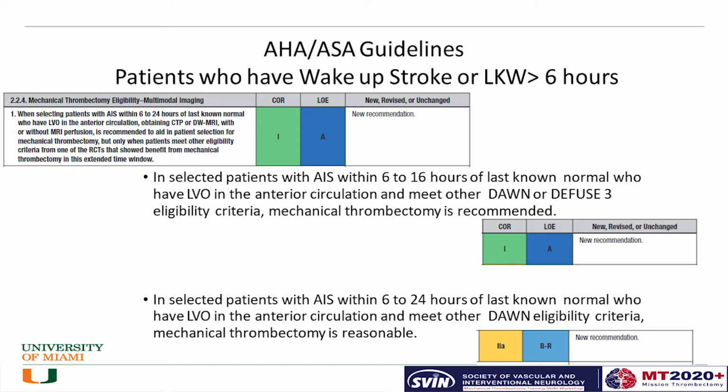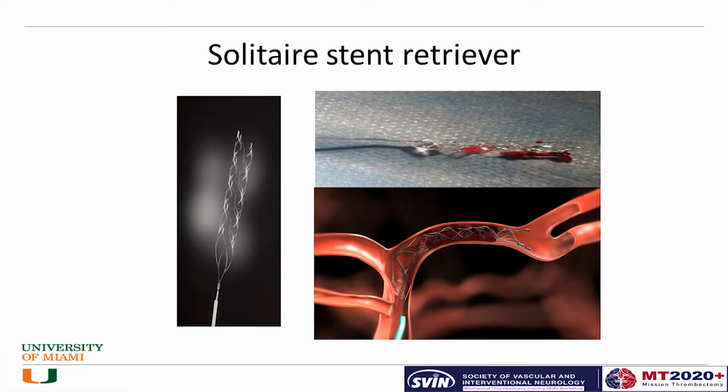In the 6 to 16 hour window, there's data both from DAWN and DEFUSE 3, because DAWN overlaps DEFUSE 3, and so that has the highest level of evidence, level 1A. And then in the 6 to 24 hours, because we only have one trial, the DAWN trial, it has level 2A evidence.